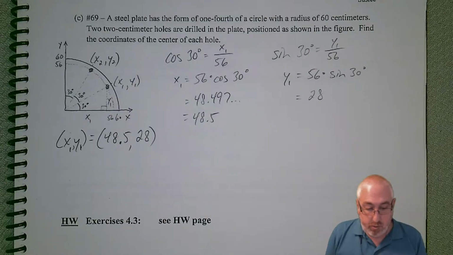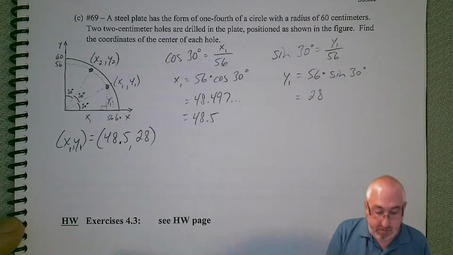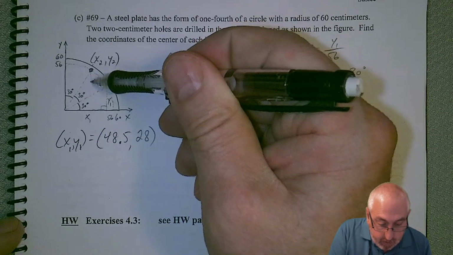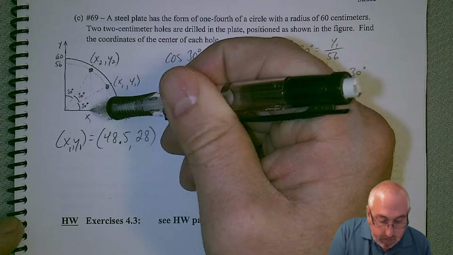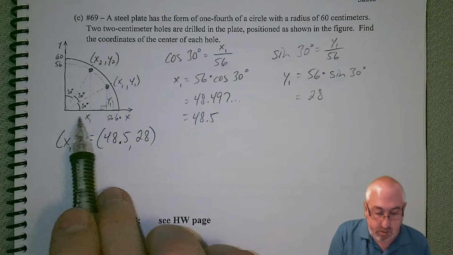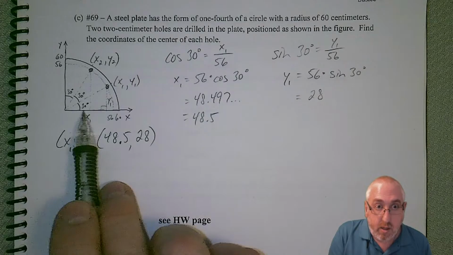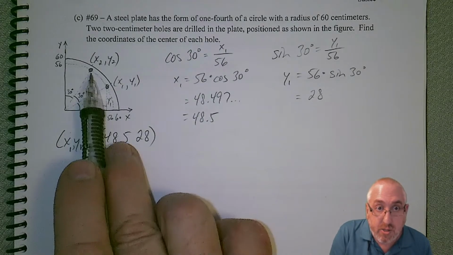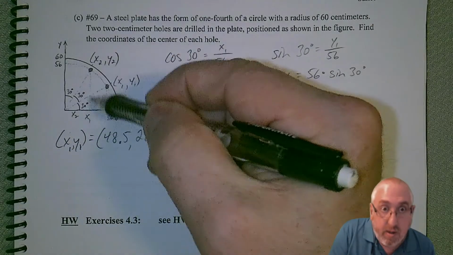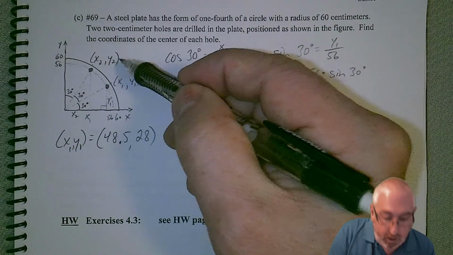All right, let's do the next one. So we're going to have to draw a new triangle. Again, we want to drop a vertical line from that point down and get our new values. So let's do the same thing. Our horizontal distance here now should be x2, and our vertical distance should be y2.